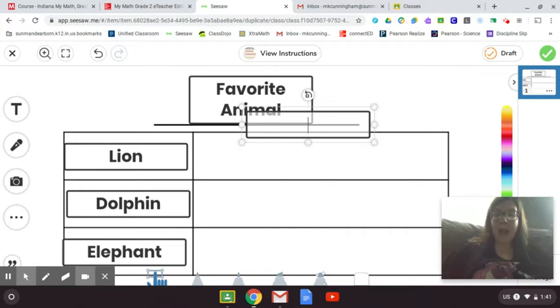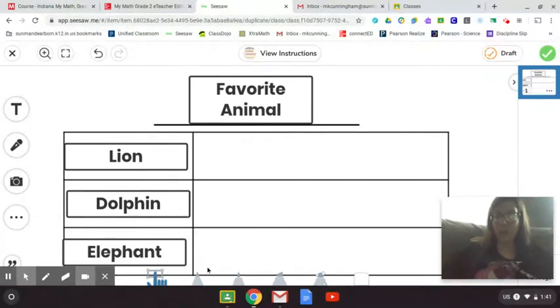If you remember how to, you can use emojis. If you don't remember how to, draw your pictures however you want to. So for your lion, you guys could get creative, your dolphin, your elephant, just make them different colors and things like that. If you know how to get the emojis, do that. If you don't, just draw the pictures because I'm not there to help you. And honestly, I don't know how to do it on my computer. I remember how to do it. I've done it on your guys's, but I don't know if I remember. Will always kind of help me with that.